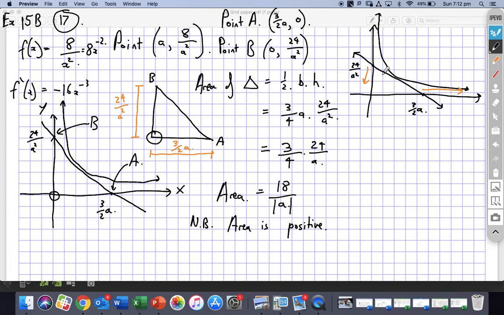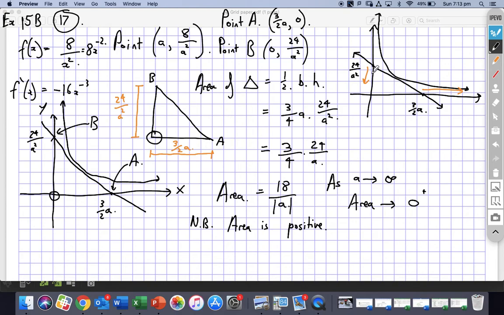You can imagine the triangle stretching out that way but also coming down here, and you won't have any area. I can see it in the equation: as a gets really big, 18 divided by a huge number like 1 million gives 18 millionths. The area is going to get very small. So as a approaches infinity, the area approaches 0.